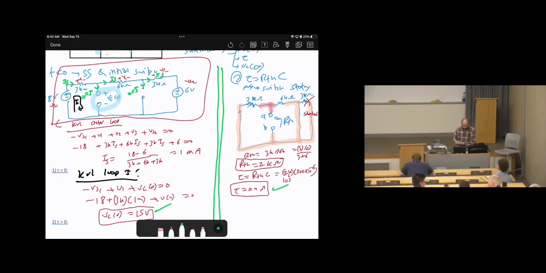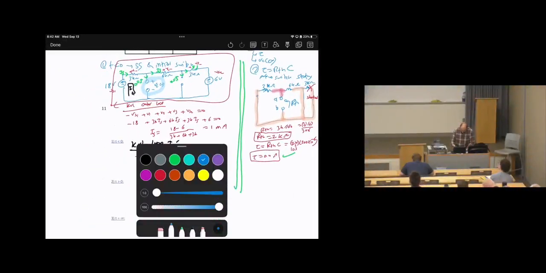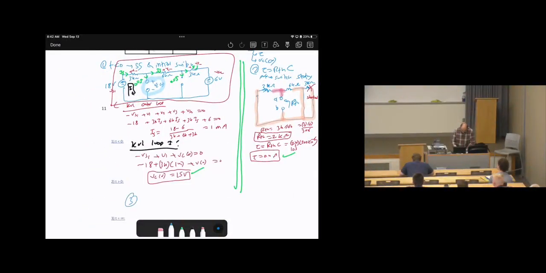The next step is to calculate t equals infinity, or in other words 5 tau, which is 5 times 0.4, which is 2 seconds. So here we have defined infinity as 2 seconds. What should I do?